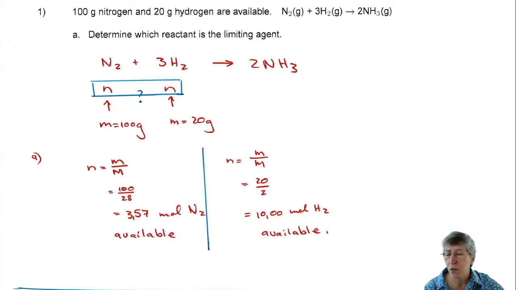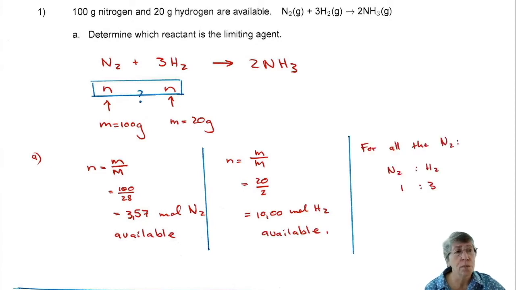So we're going to say, for all the nitrogen to react, how much hydrogen do I actually require? So I'm starting with the ratio from nitrogen to hydrogen. It's always in the ratio 1:3 according to the equation. And then we've got 3,75, so you need cross multiplication there just to work out how many moles of hydrogen you will need if all that nitrogen were to react.